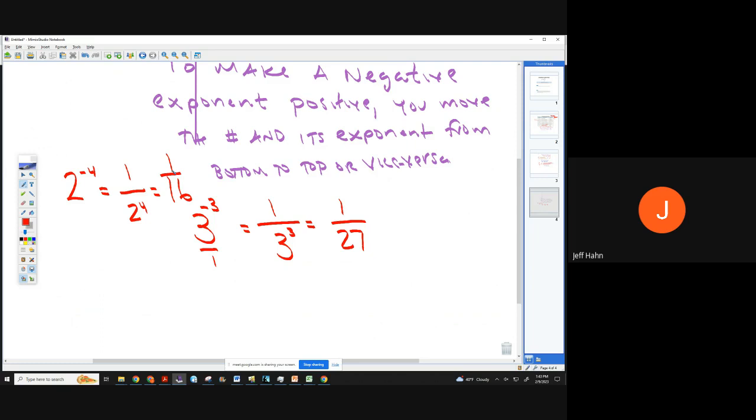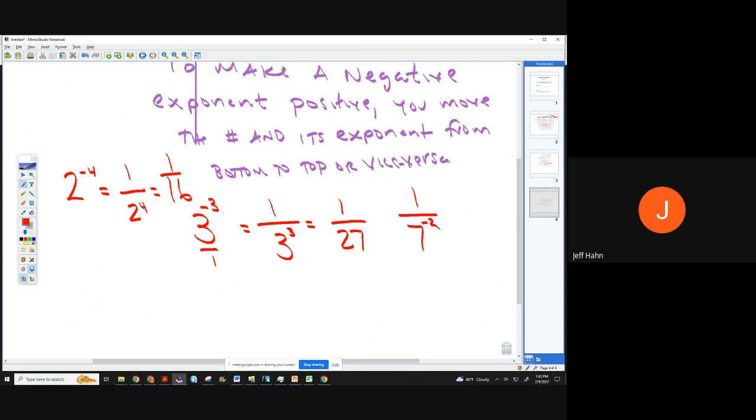Conversely, ladies and gentlemen, if you see something like this, what would 1 over 7 to the negative 2 power be? First of all, you don't deal with negative exponents. I need to make the negative exponent positive. How am I going to make that negative exponent positive?